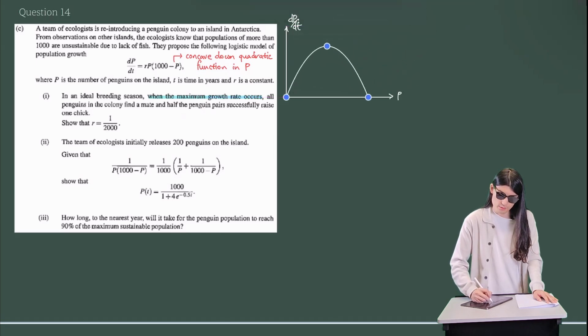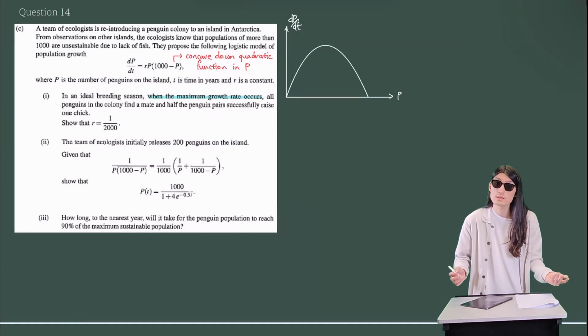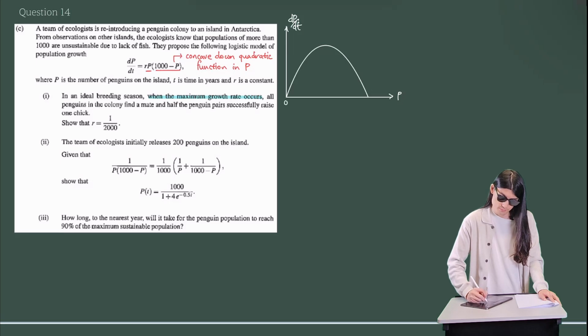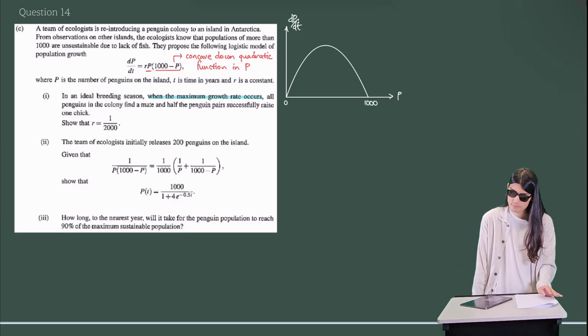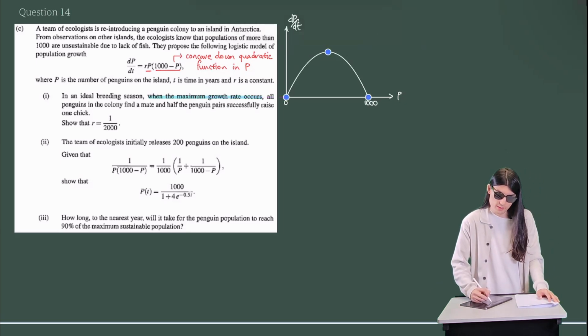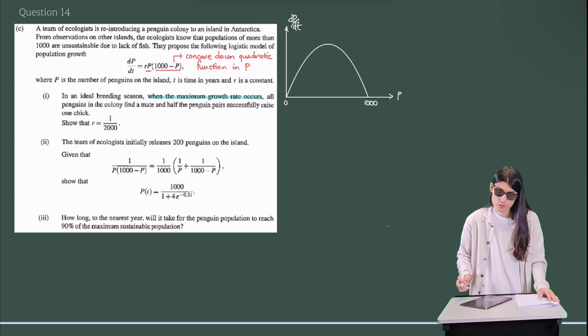And the two roots, or the two zeros of the parabola, guys, if you look in the equation for this particular example, one's at 0, the other's at 1000, isn't it? But yes, importantly, the shape of this graph is a parabola. That's the important fact. Okay, from which we can deduce what?